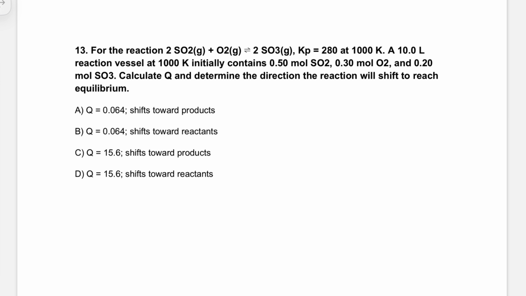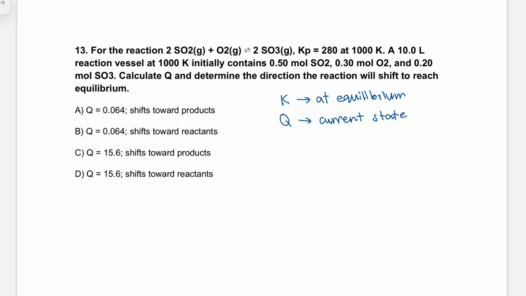So what we need to do to calculate Q is basically Q is the same thing as K, but K is at equilibrium and Q is what is currently going on. So it's like the current state of the reaction.